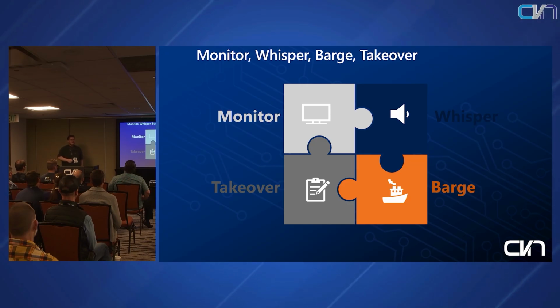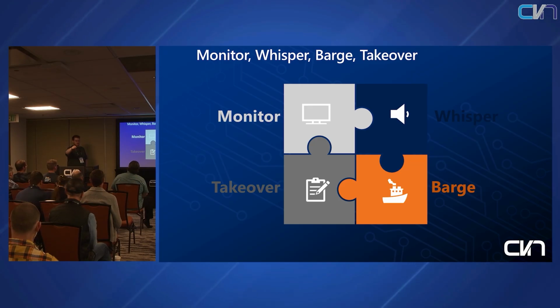Yeah, and you step through. So you would start by monitoring, then go to whisper, then go to barge, then go to takeover. So as we went through the screenshots, you would go through each of those. Okay. You don't just go directly to takeover.